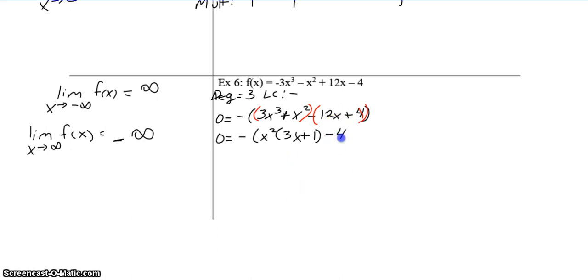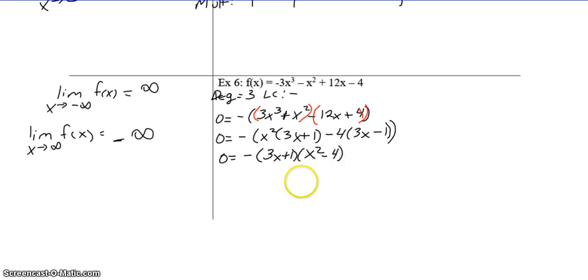That's right, 4. So that will then become a negative 4 times 3x plus 1. To get our positive 4 up here, we got a negative 1 here. So, continuing to factor, the 3x plus 1 times x squared minus 4.